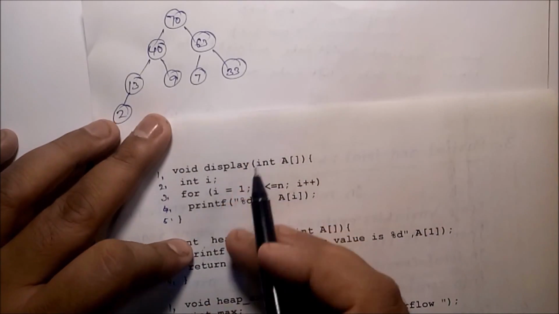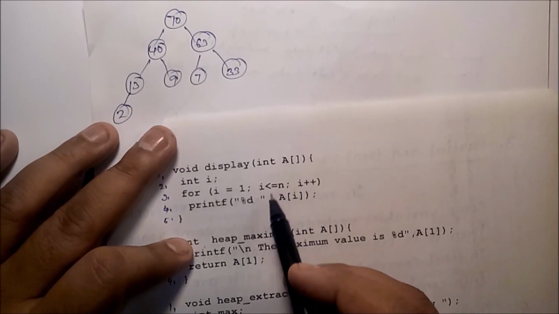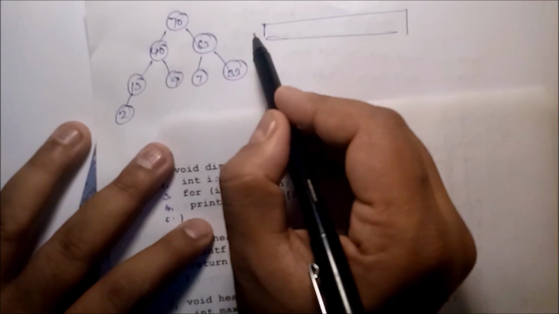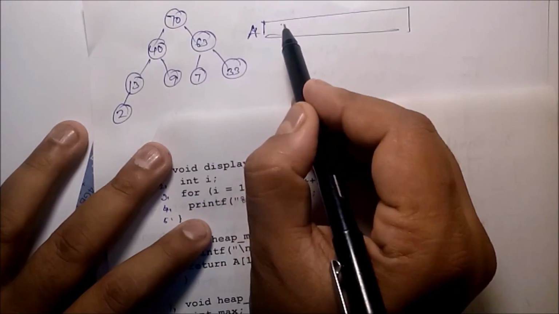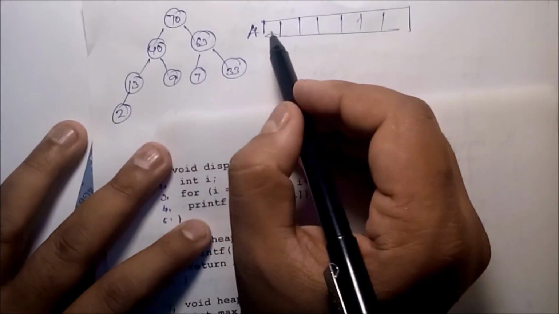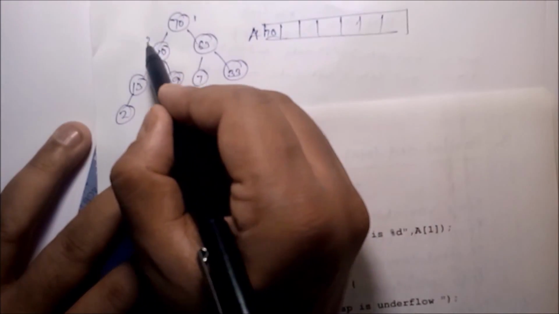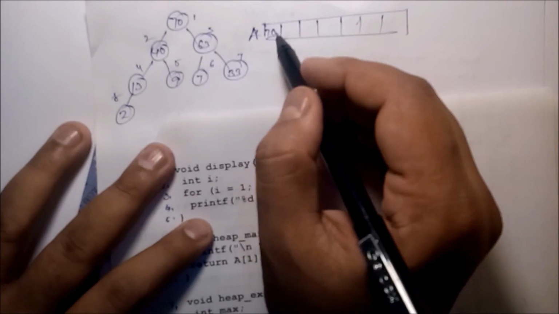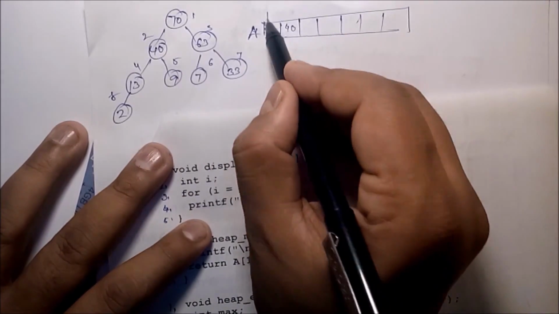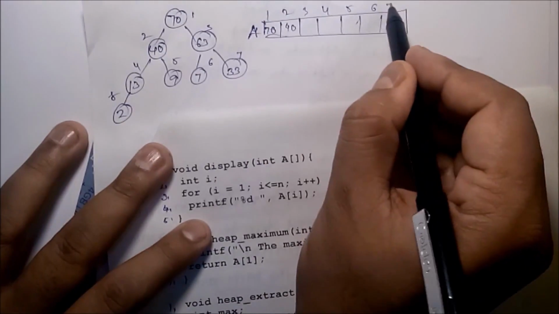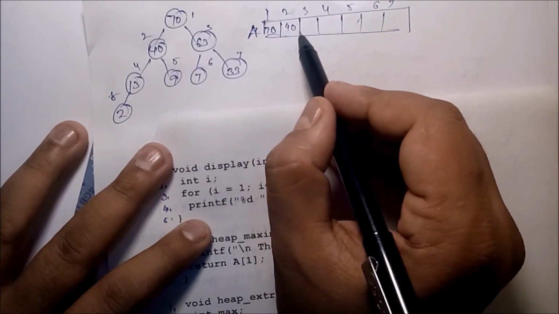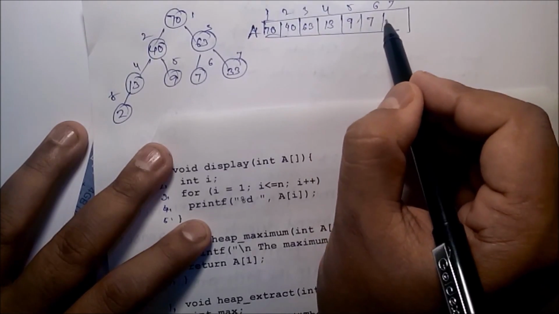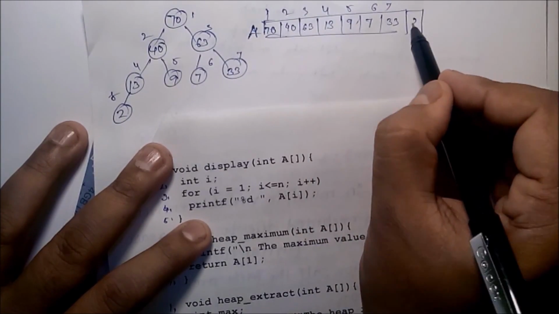Okay, now display the content of the heap. It's a very simple array. Array A holds the data this way: array index starting from 1, the values are 70, 40, 63, 13, 9, 7, 33 and 2.